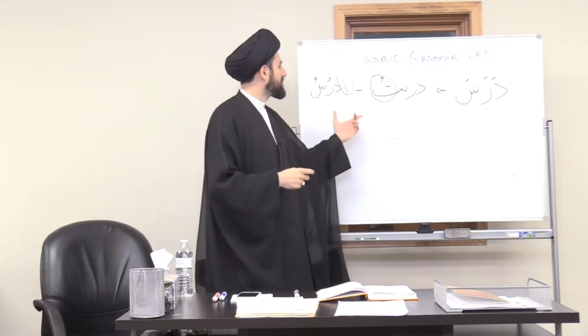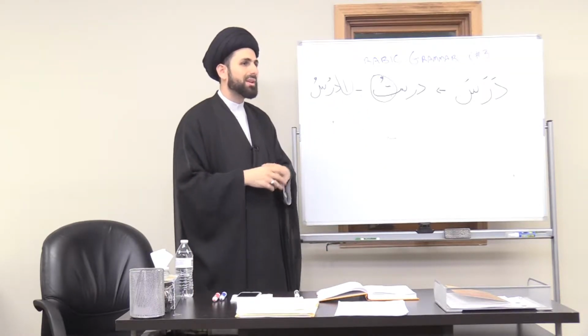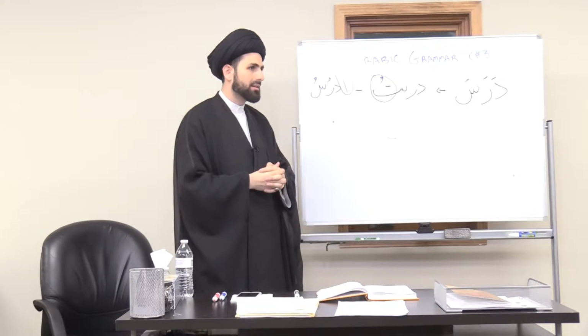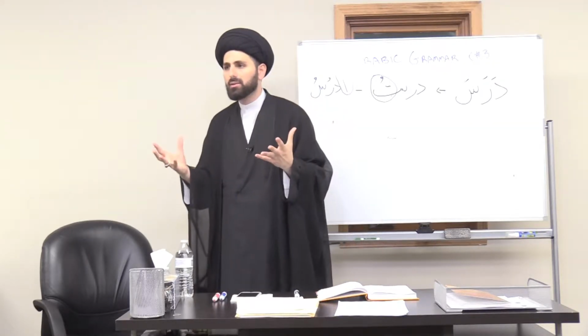It's clear? Okay. Another feature that you will find when it comes to al-fi'l al-mudari' is that it is marfu'. What does marfu' mean? It means it always ends with the dhamma. So any verb, give me any verb that is mudari', present tense, you'll find it ends with a dhamma. Give me some examples.